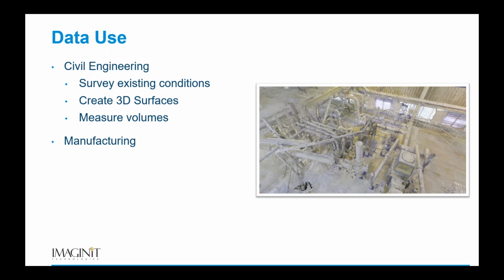What about the manufacturing space? All kinds of stuff out there. We want to find out where our pipe routings are. We want to find out where tanks are. Or we simply want to take the layout of a space, get rid of everything inside a specific area, and try to find something new.